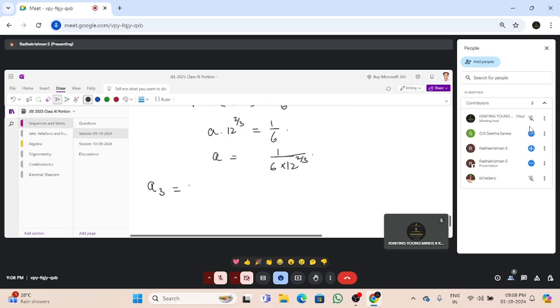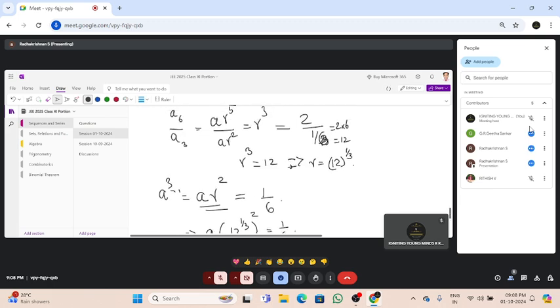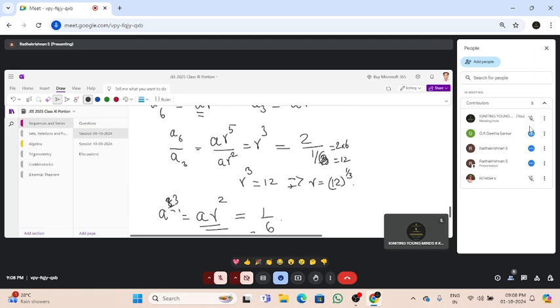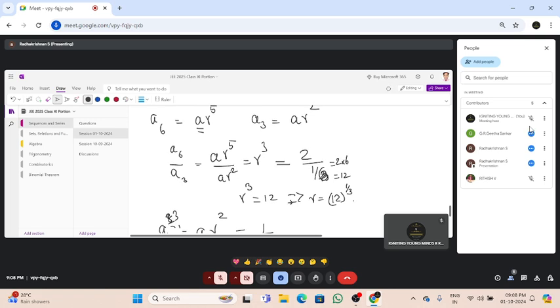What is a3? 1/6. 1/3. இது a cube னு போட்டுருங்க. 3 கீழே வரணும். Suffix a3.